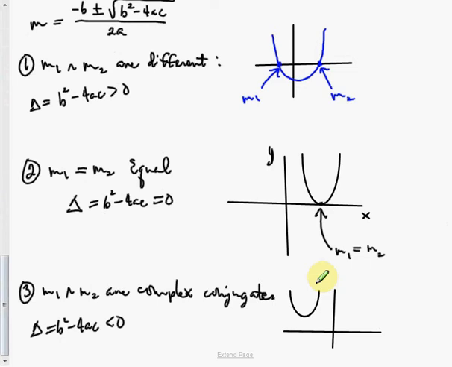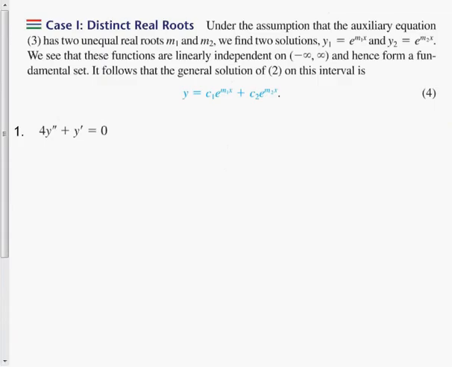So for these three possibilities, we want to be able to write our solution. For the first part, it's very easy. When you take that quadratic equation and you solve for M1 and M2, if they're different values, then the solution is straightforward. So that's case number one, distinct real roots or different roots.